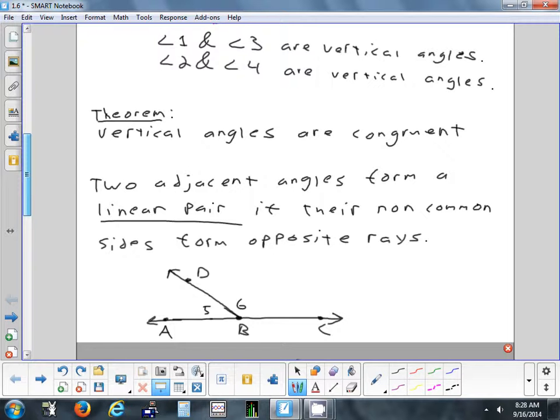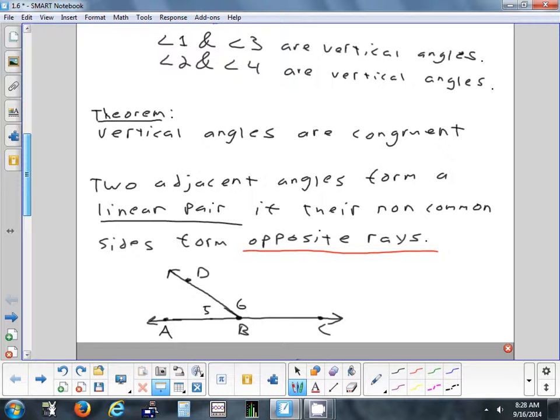Well, ray BD is the side they share. Ray BA and ray BC, that's the side they don't share. But the side they don't share forms opposite rays. BA and BC point in opposite directions. So we call these two angles a linear pair.